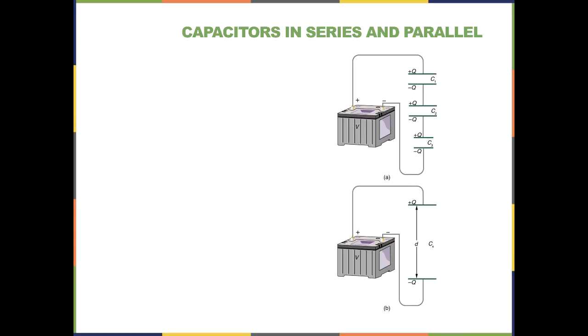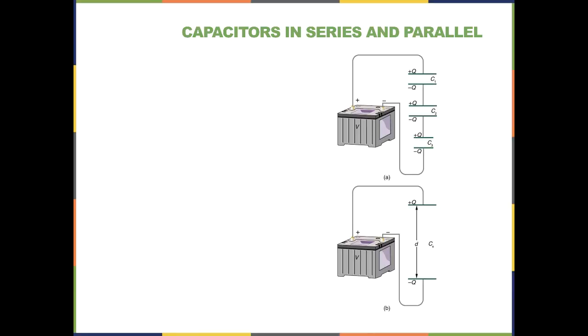Now we can set up capacitors in either series or parallel. And this is an example of setting up a group of devices, capacitors C1, C2, C3, in series. That means they're all in a row.